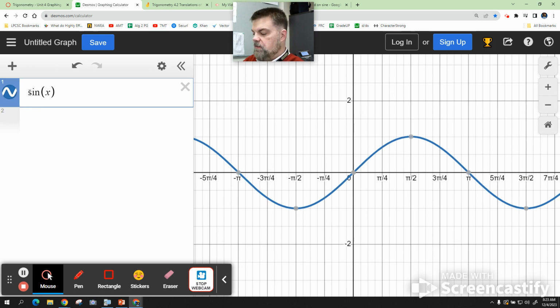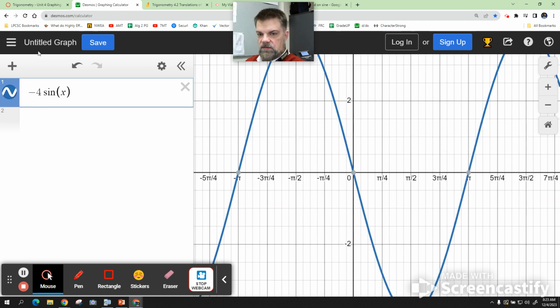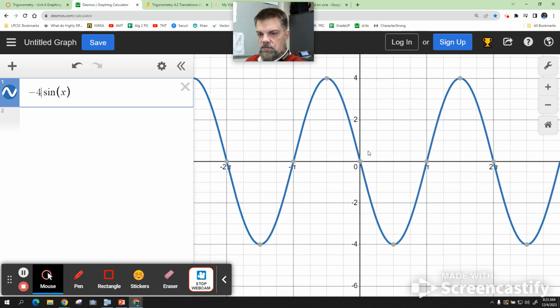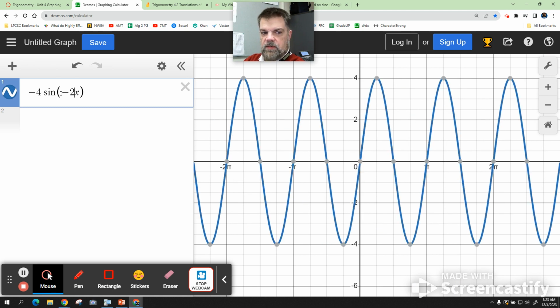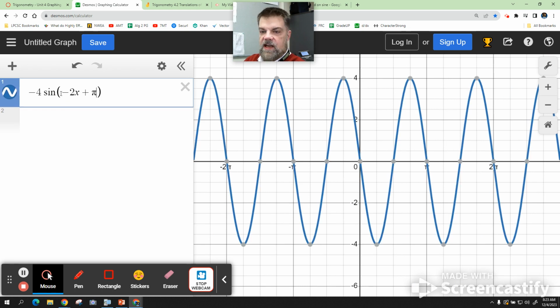So then the first thing I'm going to do is when I put the -4 here, -4, it flips it. Then over here, I'm going to say -2, it flips it the other way. And then when I say plus pi, it flips it that way. And so, yep, those are right. I think the hard part there is keeping track of everything. That basically transforms everything except for k.